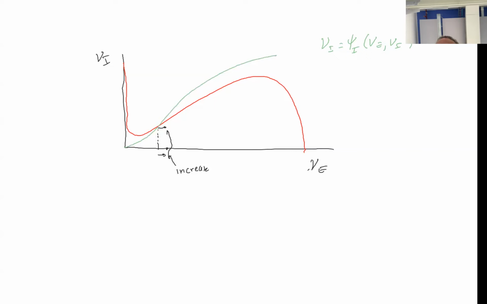So basically, we hang out on this line. So we're pushed back.